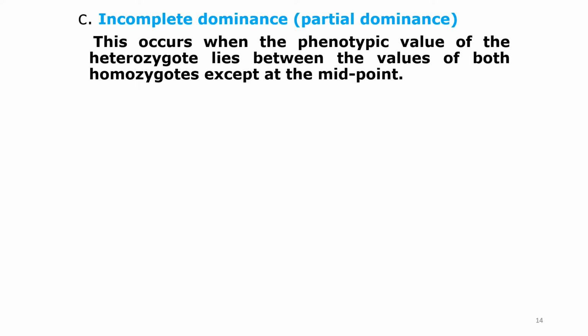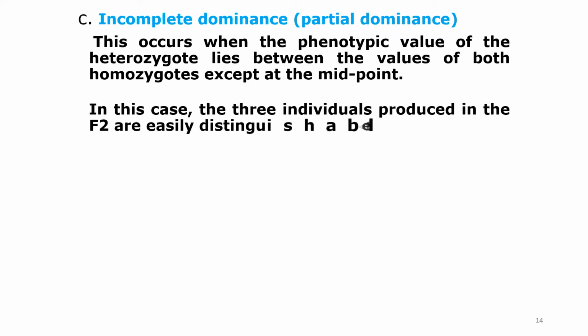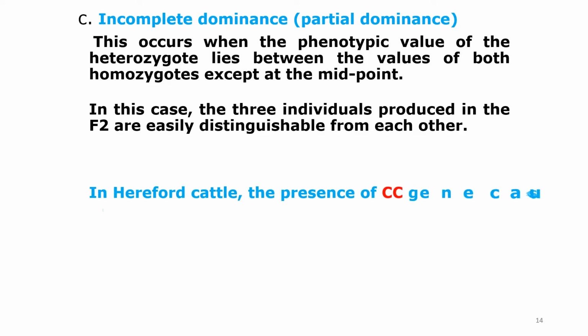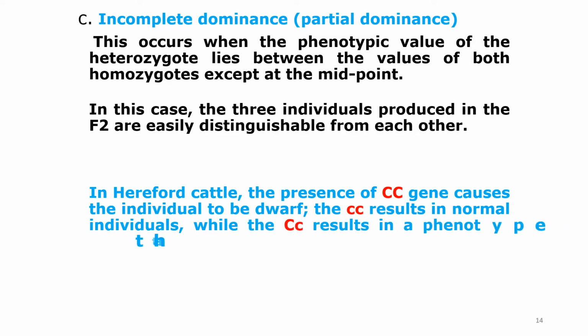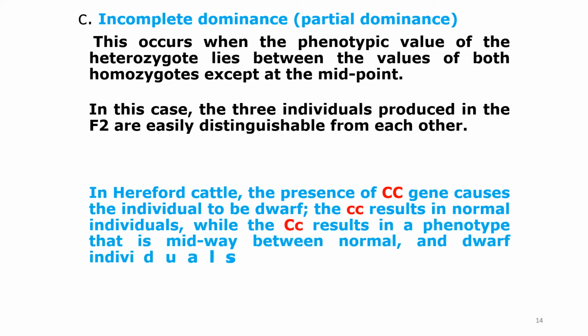So the implication here is that the dominant gene is not able to completely mask the expression of the recessive gene. And in this case, unlike complete dominance, 3 different individuals are produced in the F2 that are easily distinguishable from each other. So in animals, an example could be taken from Hereford cattle.